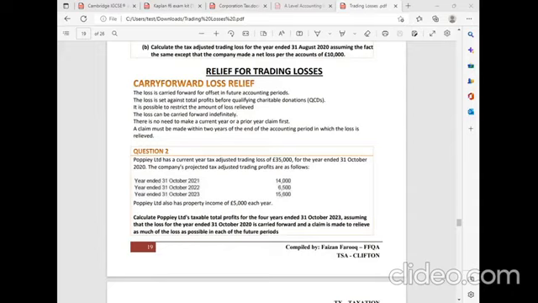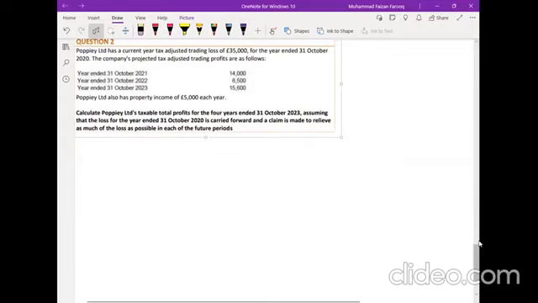Popeye Limited also has property income of £5,000 each year. Calculate Popeye Limited's taxable total profits for the four years ended 31st October 2023, assuming the loss for the year ended 31st October 2020 is carried forward and a claim is made to relieve as much of the loss as possible in each of the future periods.